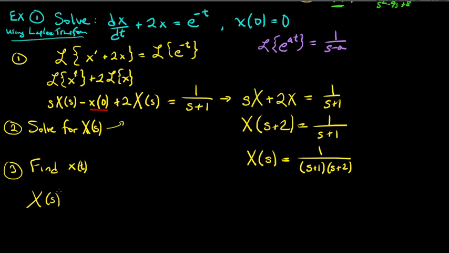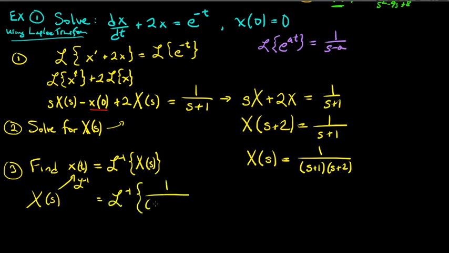We have capital X, we want little x, so we need to apply the inverse Laplace transform. So in other words, little x is going to be the inverse Laplace transform of capital X. Okay, so we just need the inverse Laplace transform of 1 over s plus 1 times s plus 2.